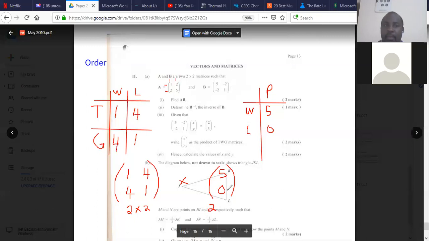Rows come first, right? So 2 rows by how many columns? 1. So it's a 2 by 1.